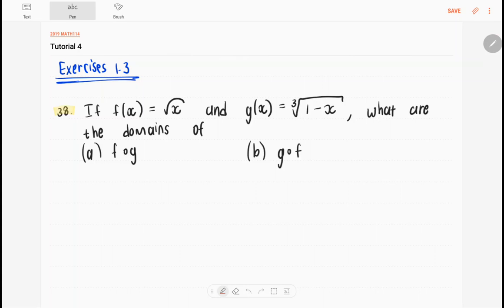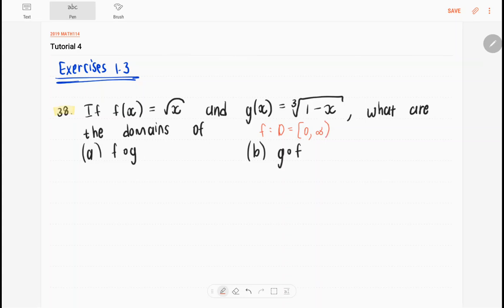So before we start, let me just write down the domains of f and g separately. So f's domain is going to be all positive real numbers, right?